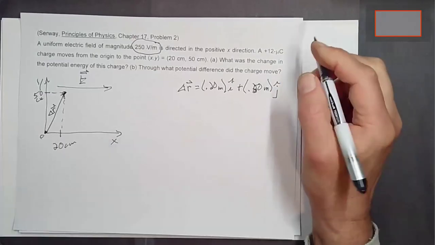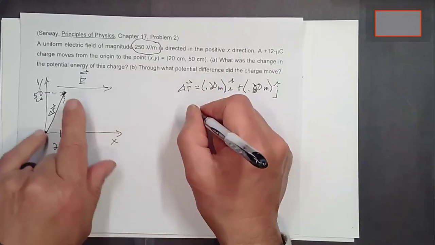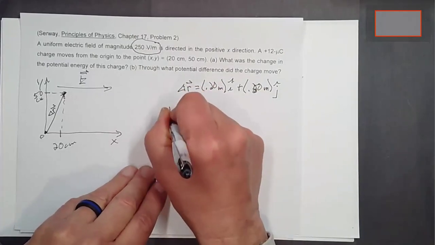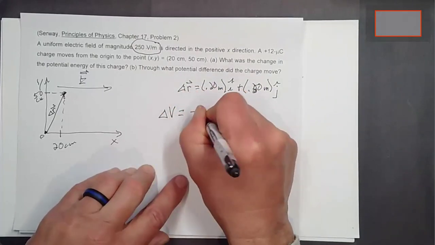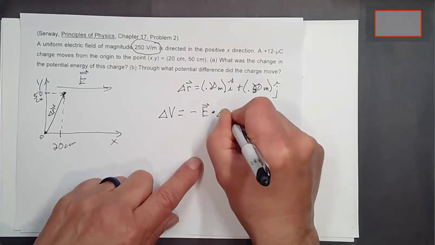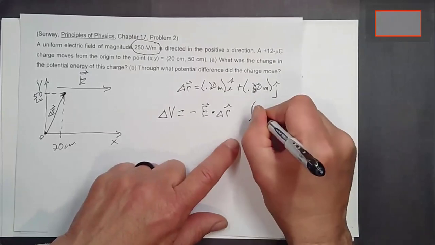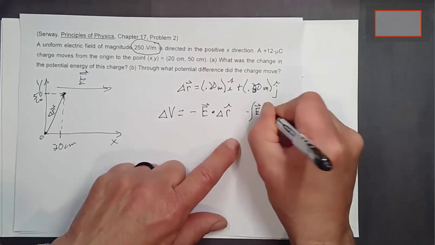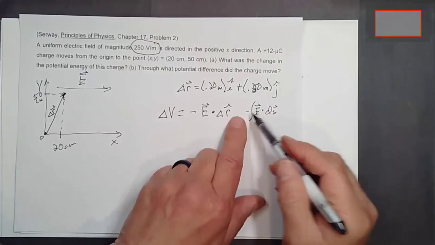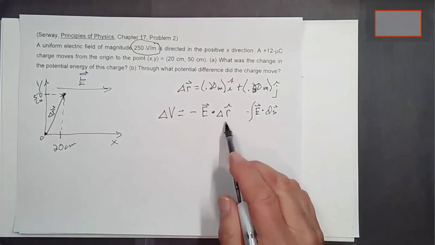So the change in potential, when I have a constant electric field, I can just say that delta V is going to equal minus E, this is constant, dotted with delta R. It's usually minus E dot ds, but I have a constant electric field, so I could pull it out, and the integral of ds would end up equaling delta r there.